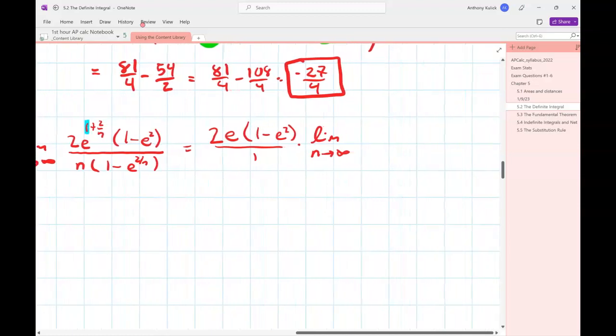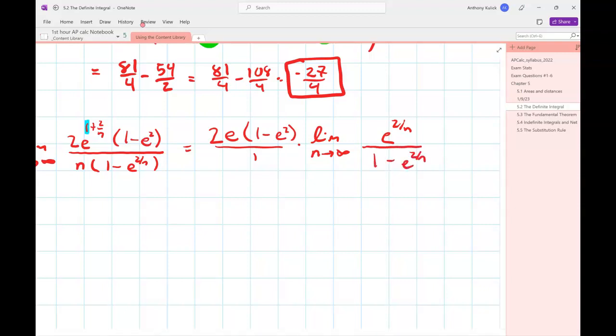What I'm left with then is just e to the 2 over n over 1 minus e to the 2 over n. Oops, sorry. n times.